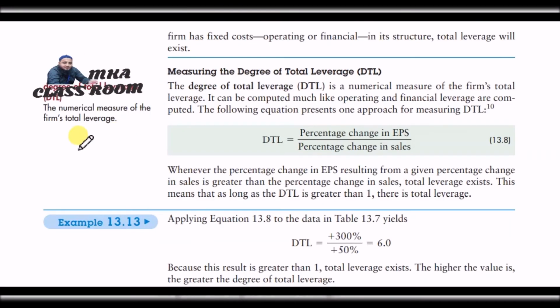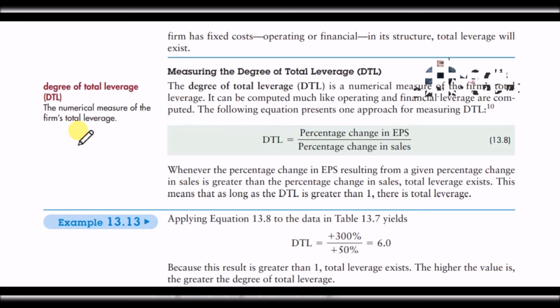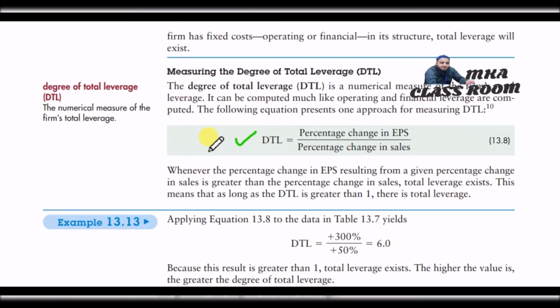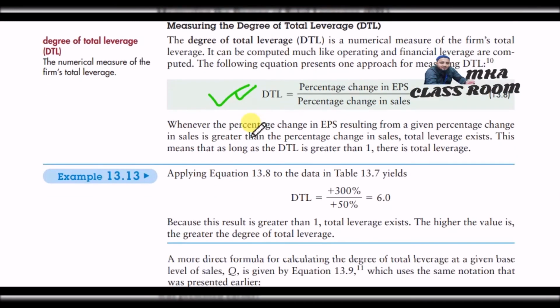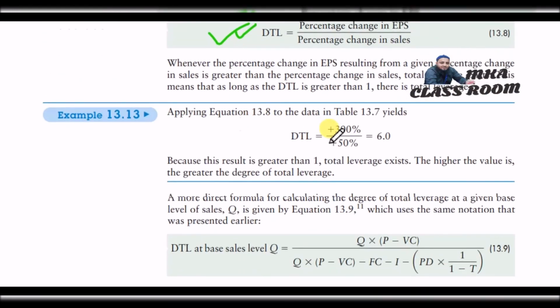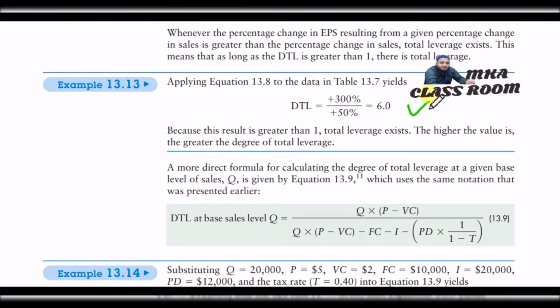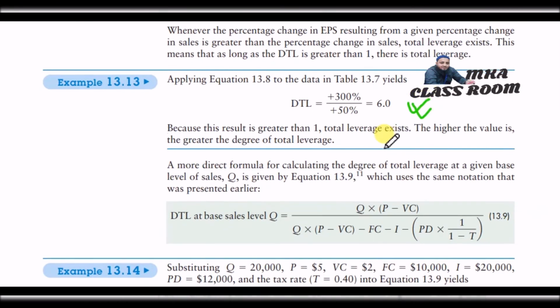Then we will see degree of total leverage, DTL, the numerical measurement of total leverage. It can be computed much like operating and financial leverage are computed: percentage change in EPS divided by percentage change in sales. In the previous example we have DTL equal to 6.